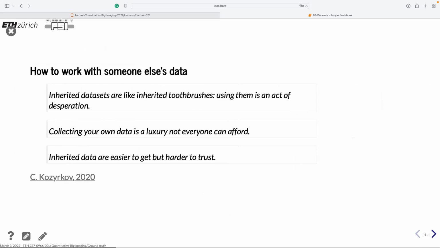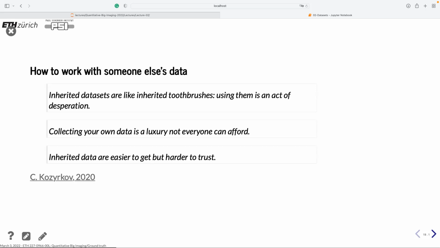But the problem is also, if you want to work with someone else's data, you have some drawbacks. And Kasia Kozilkov, I can never pronounce her name, she gives a lot of good lectures.